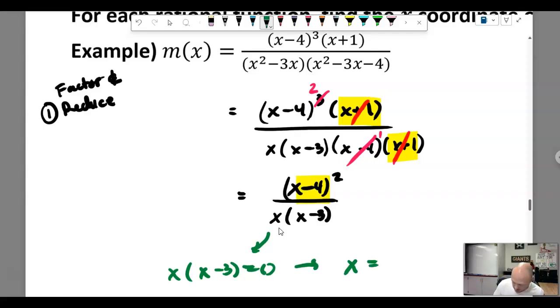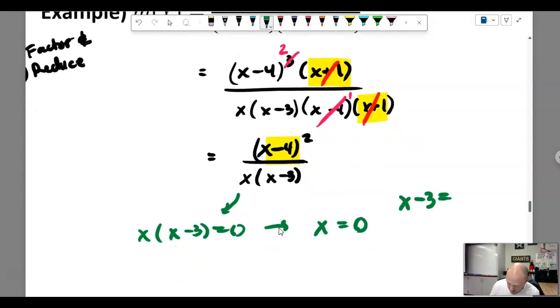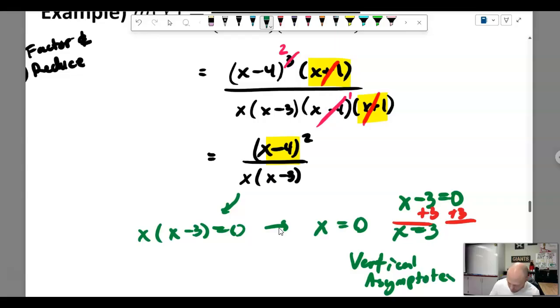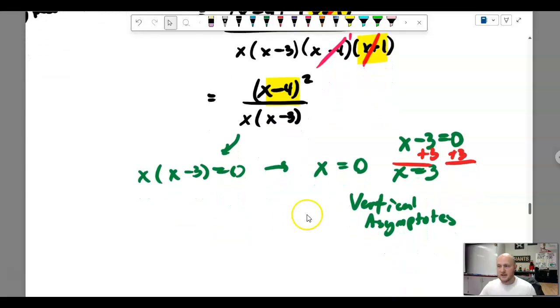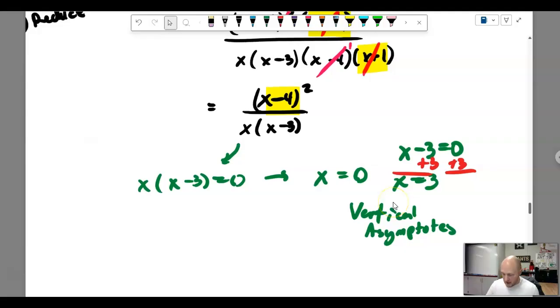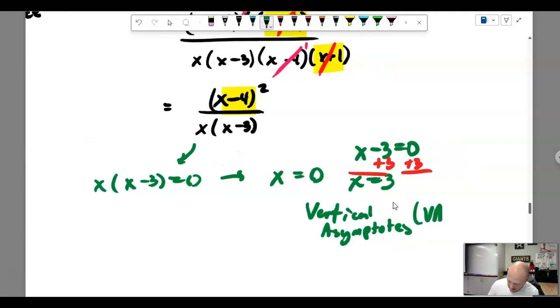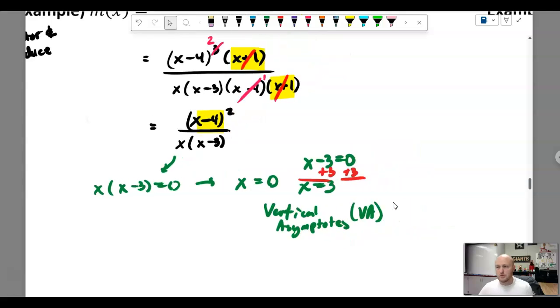I get x is equal to 0, or I get x minus 3 is equal to 0, which means x equals 3, I add 3 to both sides. So these are what we call vertical asymptotes, at these two locations, x equals 0 and x equals 3. I'll often abbreviate vertical asymptotes as VA. So there's your vertical asymptotes.